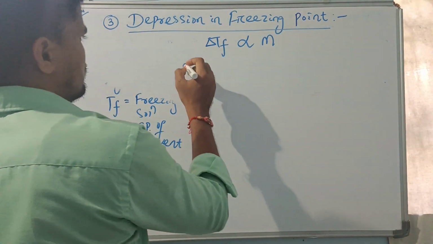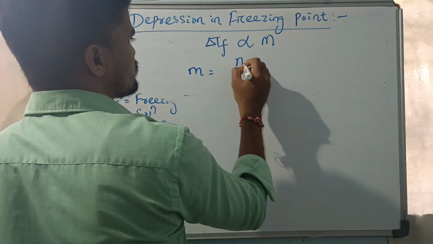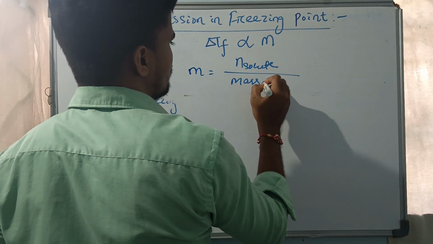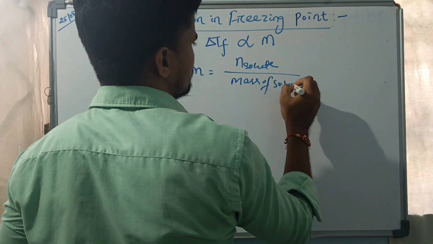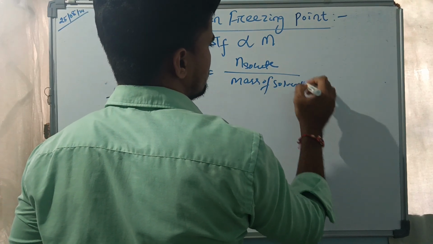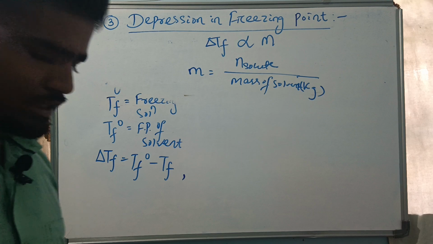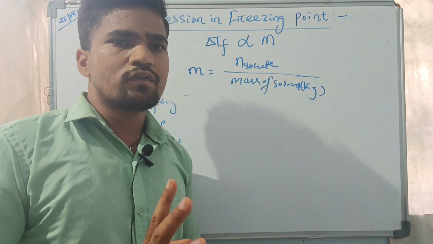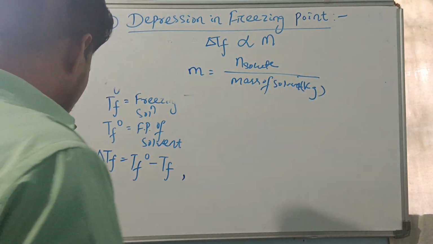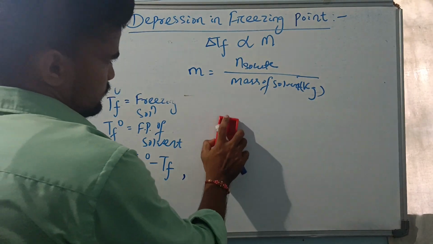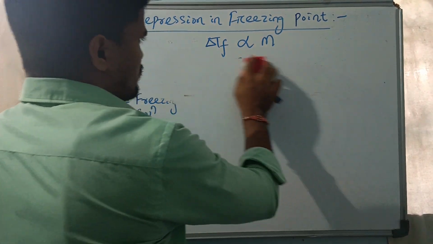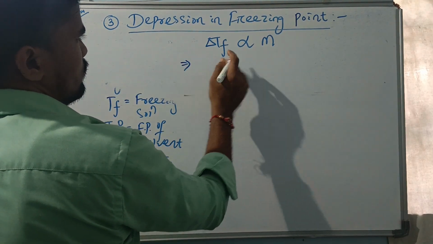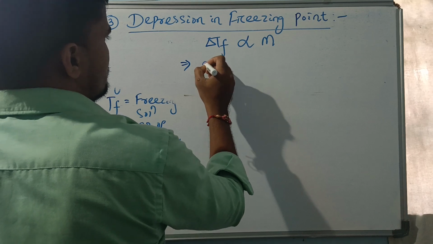Molality is what? We know that molality is the number of moles of solute dissolved in the mass of solvent in kg. This is the molality. That means how many moles of solute are present in 1 kg of solvent. Now in this expression just remove the proportionality symbol.